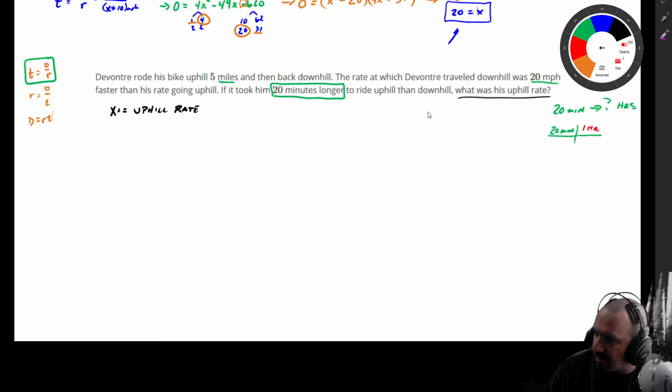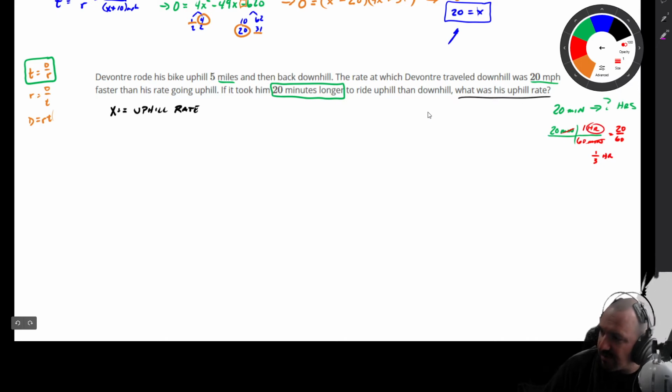Where I started from is on the bottom. So I need minutes down here. And I say 1 hour is 60 minutes. The minutes will cancel, leaving me with 20 times 1 over 60, which is 20 over 60. As a reduced fraction, it's 1/3 of an hour. Notice that my hour is still left up top, so that becomes my unit. So anywhere where I see the 20 minutes longer, I'm going to replace it with 1/3 of an hour.